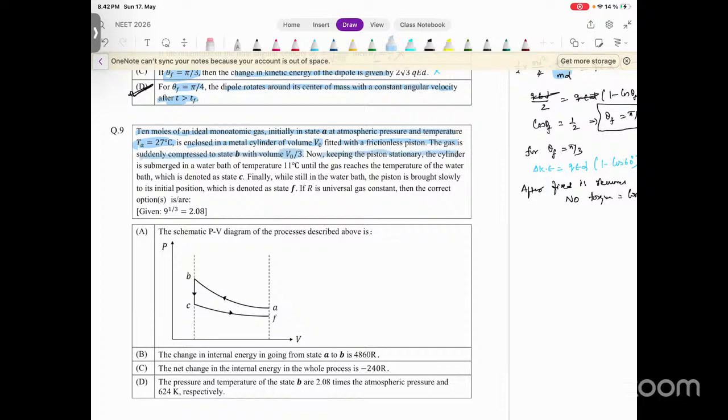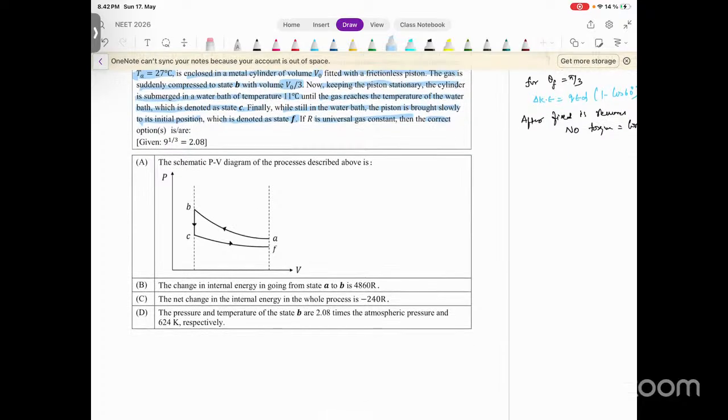Now, keeping the piston stationary, the cylinder is submerged in a water bath at 11 degrees Celsius until the gas reaches the temperature of the water bath, which is denoted as state C. Finally, while in the water bath, the piston is brought slowly to the final position, denoted as state F. R is the gas constant. Then which is correct? This is your A, B, C, F, with pressure and volume conditions. It asks for the change in internal energy for the whole process and the schematic PV graph of the process.